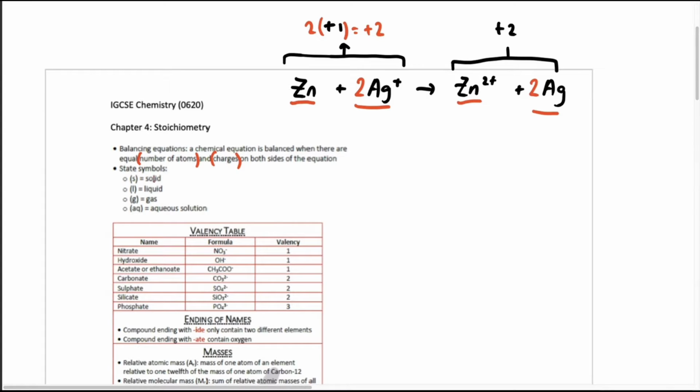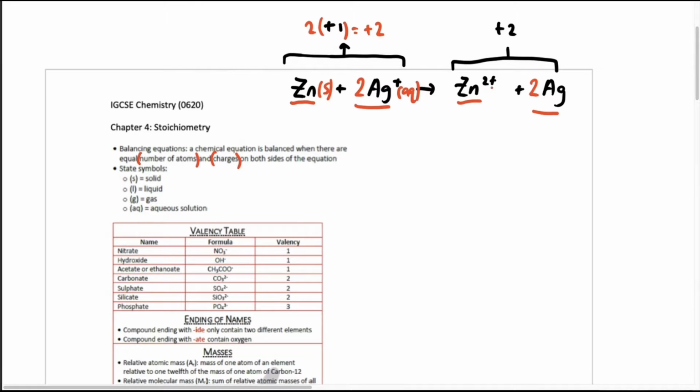So S stands for solid, L stands for liquid, G stands for gas, AQ stands for aqueous solution. So for example, this is zinc, right? Zinc atom is a solid. So we put S here. Silver ions, once they become ions, are normally aqueous. So this is aqueous.